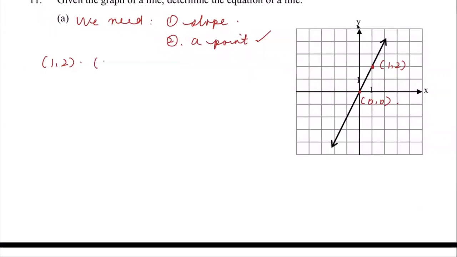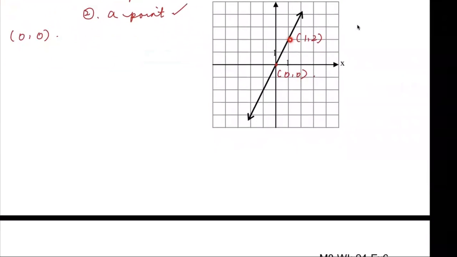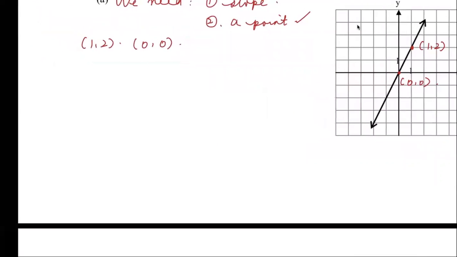If you have 2 points, then you can find the slope, right? Let's just use this first method. I think that's more reliable and easier to understand.